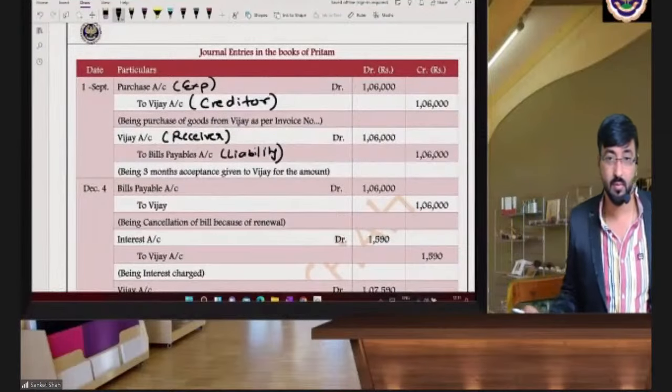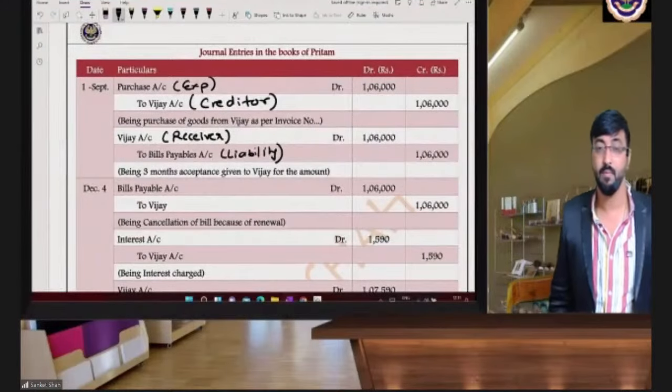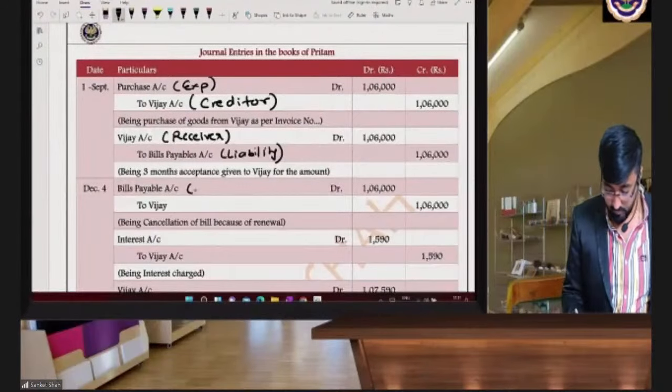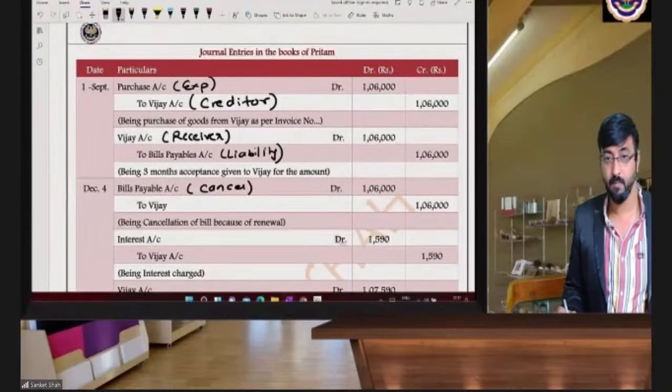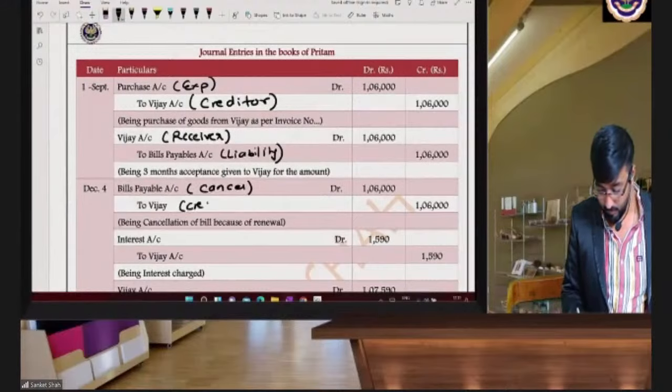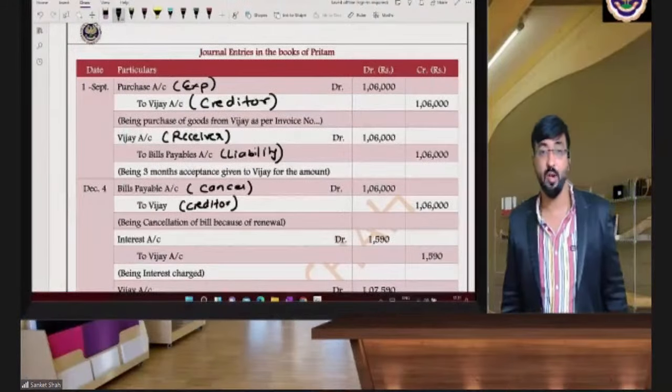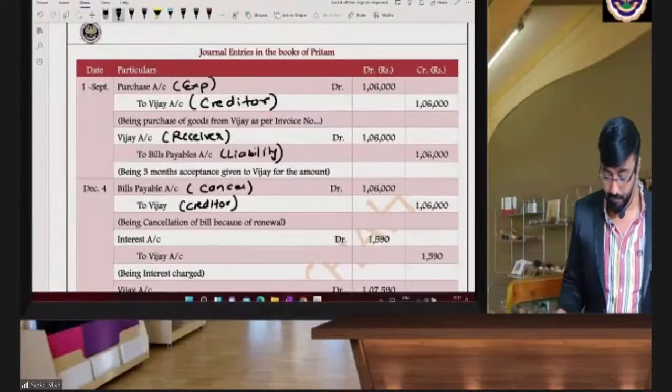Now bills payable to Vijay. Bills payable dishonor, so bills payable to Vijay.